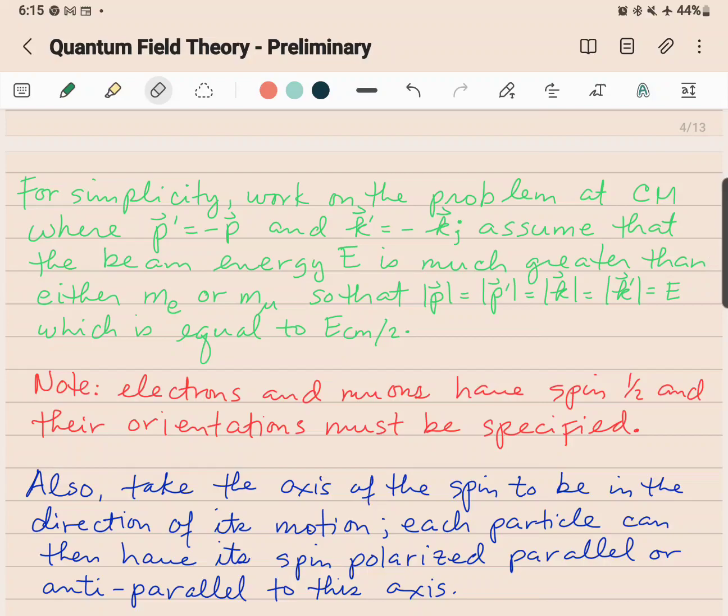So here is the momentum, and this is of course equal to half of the center of mass energy.